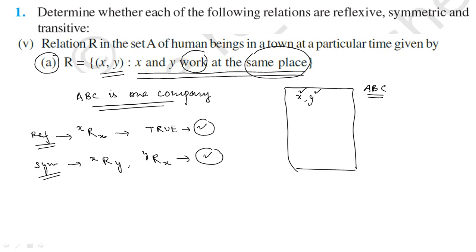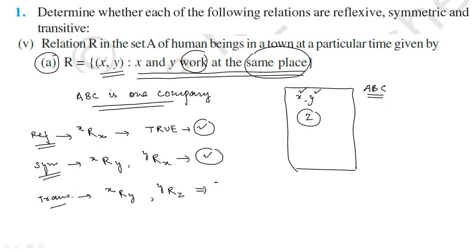Now, suppose I am taking another value, that is Z. Inside this company, suppose 3 variables are there. In case of transitive, what's required? X is in relation to Y, answer is yes. Y in relation to Z, this one is again true.